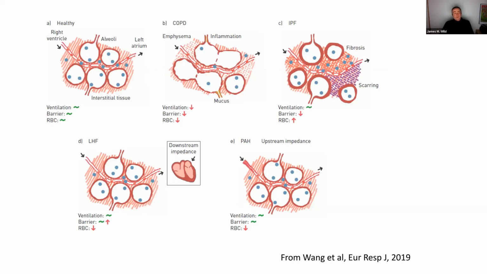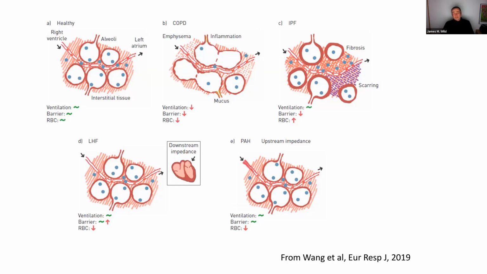Then we also have to look at the effects of the heart and the pulmonary vascular blood supply in all of this, because the red blood cell signal is basically driven by the pulmonary vascular circulation. Where we've got pulmonary vascular resistance due to, say, interstitial lung disease down at the capillary level, depending on whether it's upstream or downstream of the capillary, pre-capillary or post-capillary, we'll see a different modulation in this as well.